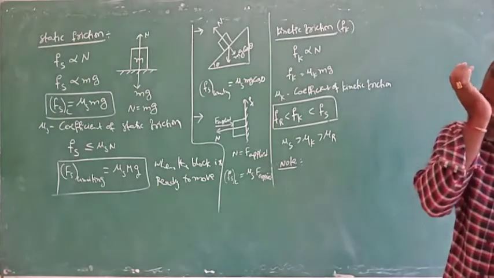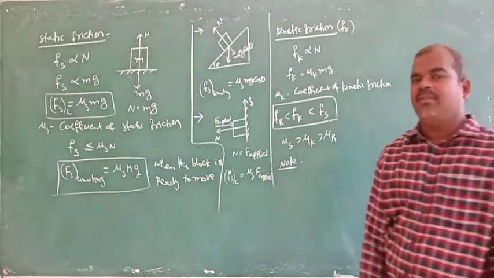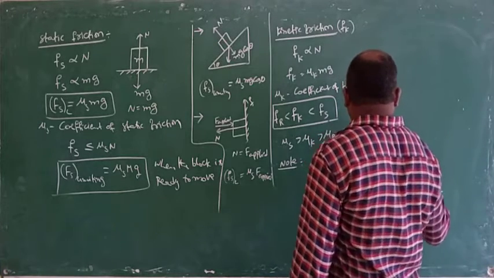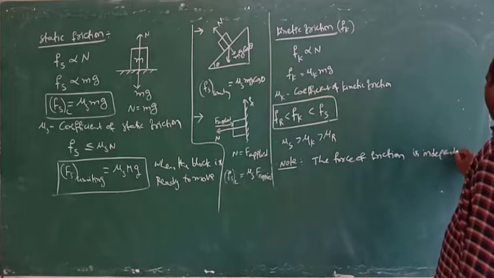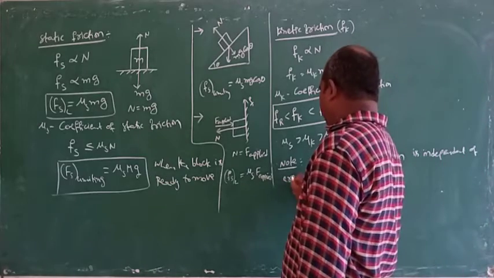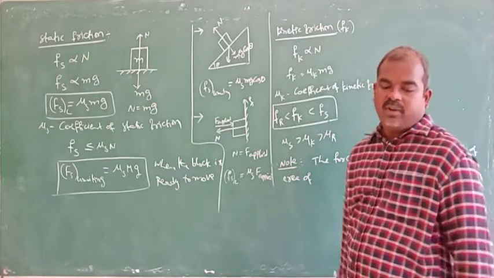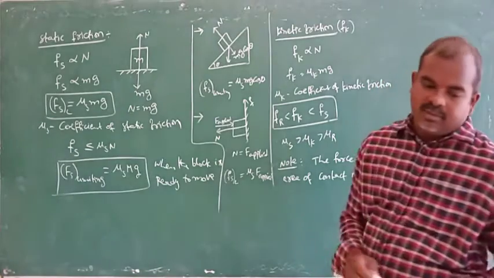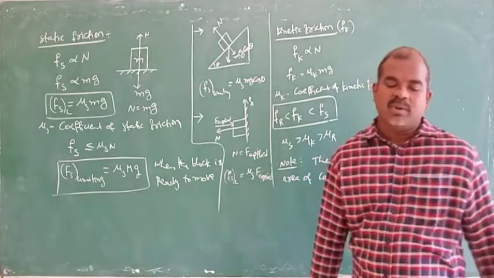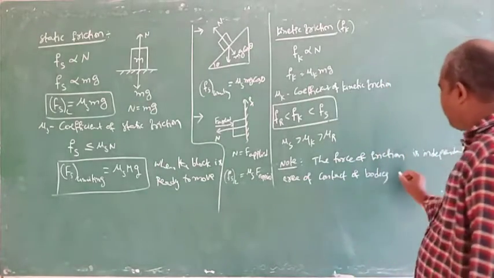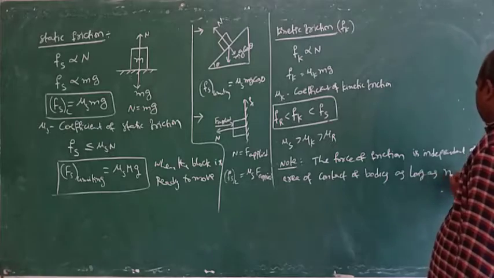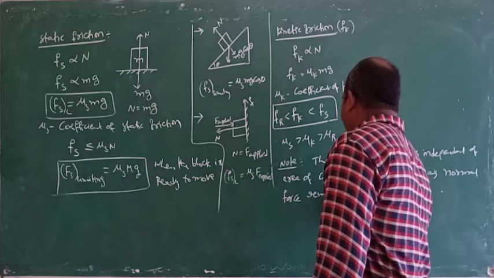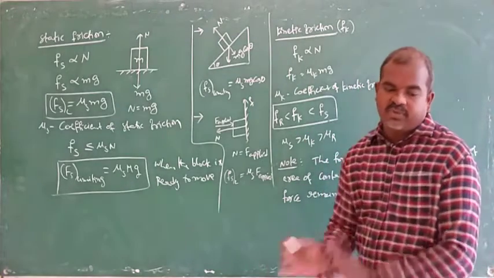And the next one is the force of friction is independent of the area of contact of bodies, as long as the normal force remains the same. This is a very important point.